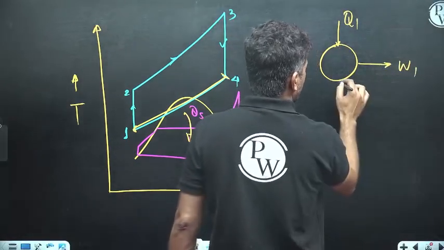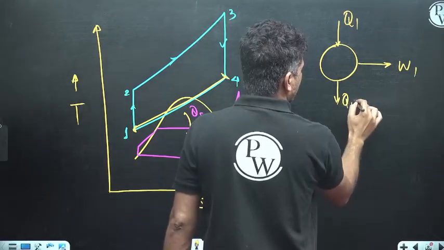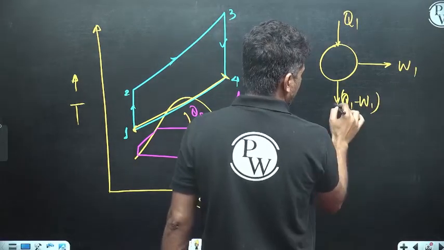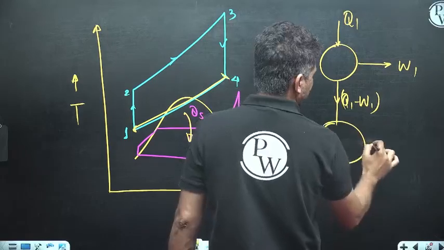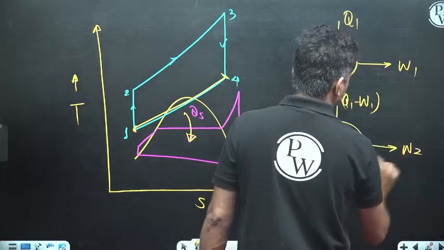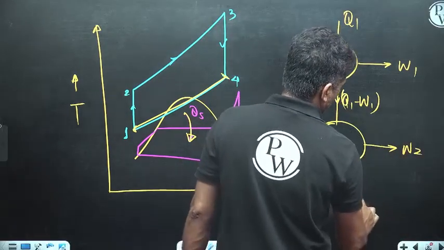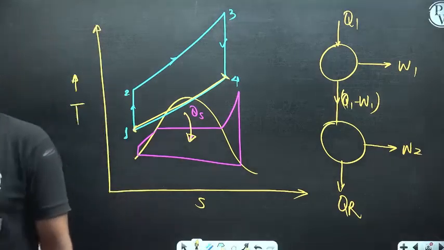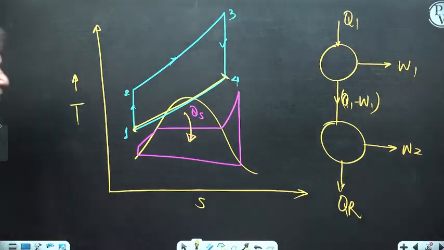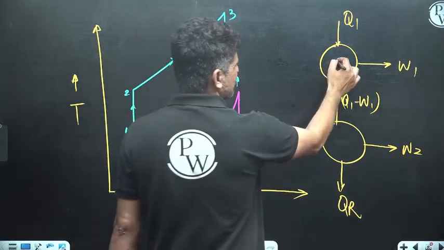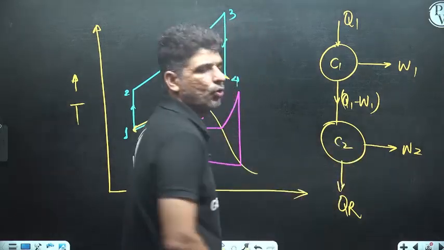This is your W1 and this is your Q1 minus W1. Now this is going into another cycle and this is your W2 and this is your QR. Okay, so this is how your cycles are moving. So this is your cycle 1, this is your cycle 2.